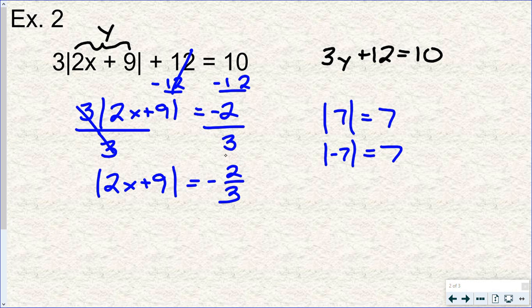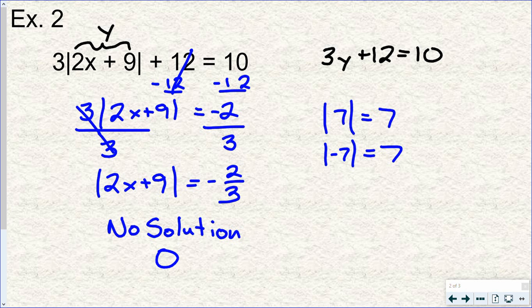The answer to this equation is no solution, because you can never have the absolute value of something be equal to a negative value. Remember, this is an alternate way of showing no solution, which means undefined. You can't have this. So when you get the absolute value part by itself, if it's equal to a negative value, no matter what that negative value is, then it's no solution.